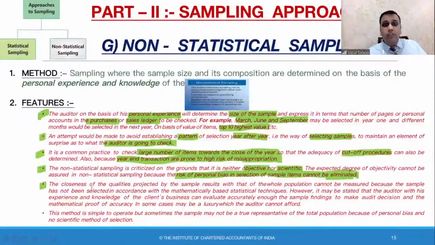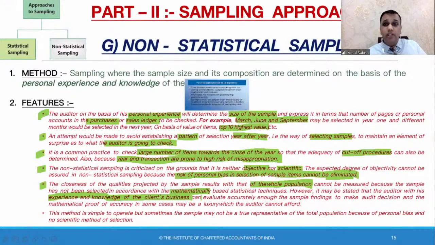The closeness of the qualities projected by sample results to those of the whole population cannot be measured, because the sample has not been selected mathematically. However, the auditor can state that he has good experience and knowledge of the client's business, and therefore his professional judgment is enough.